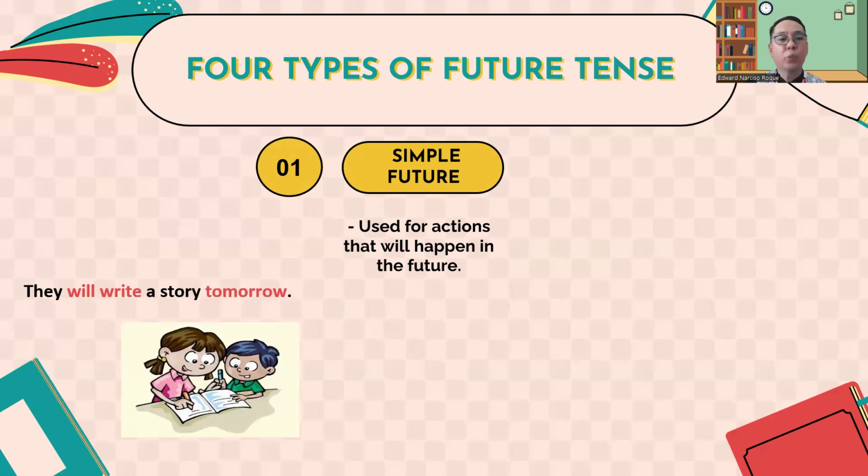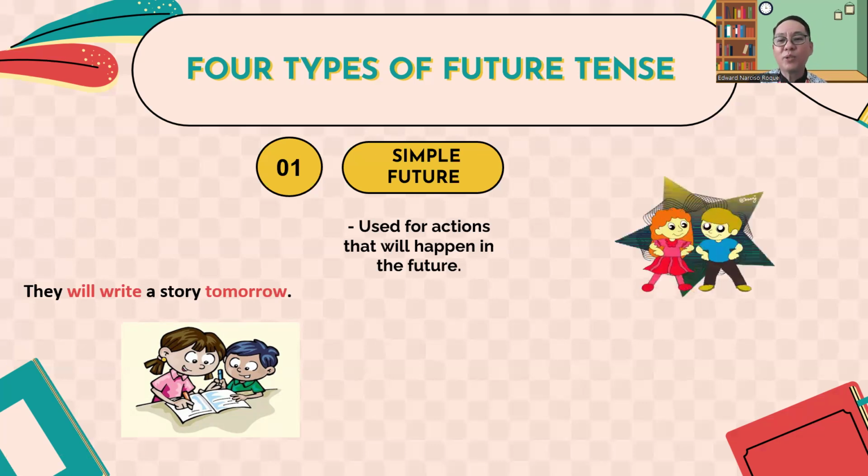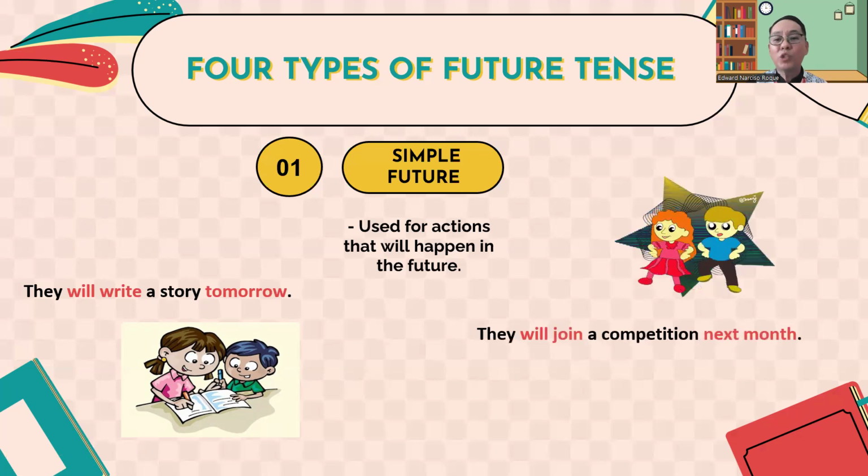Here we use the word will plus the verb and a time indicator that states future time, like the word tomorrow, next month, or next year. Another example is they will join a competition next month. Will join and next month indicate future time.